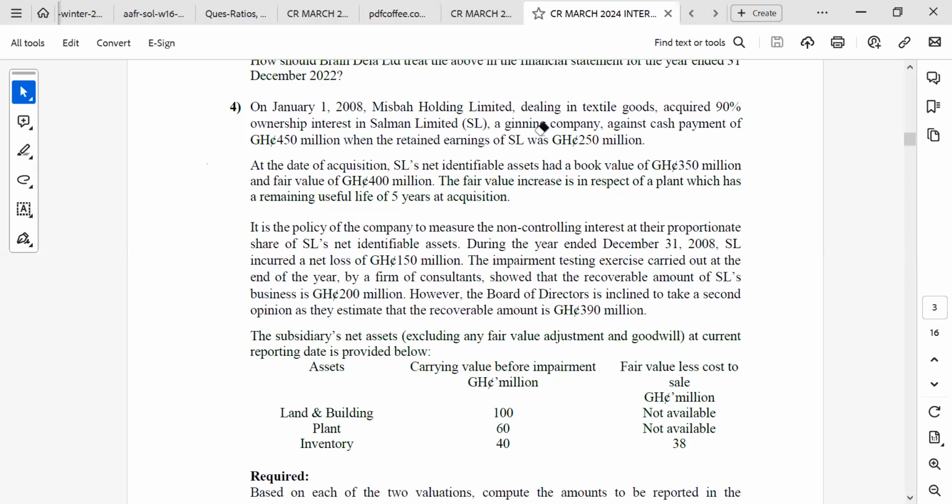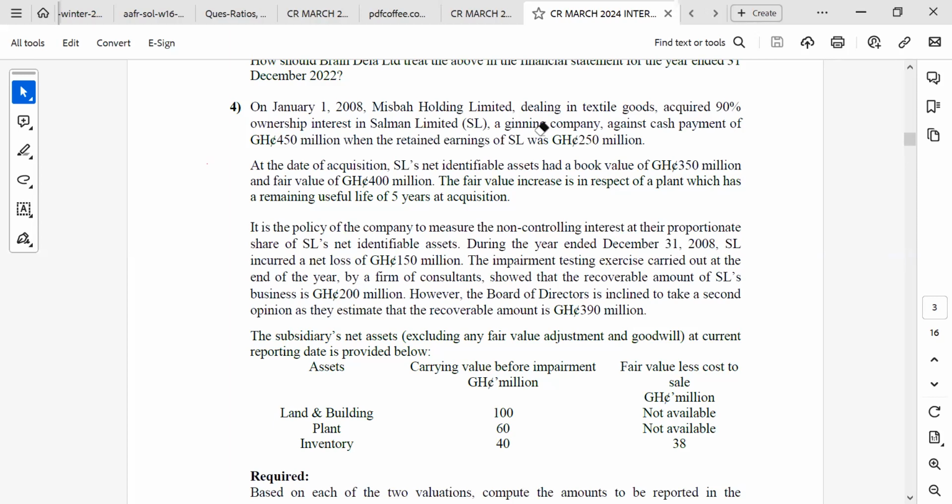At the date of acquisition, SL's net identifiable asset had a book value of 350 million and fair value of 400 million. The fair value increase is in respect of a plant which has a remaining useful life of 5 years at acquisition. It is the policy of the company to measure non-controlling interest at their proportionate share of SL's net identifiable asset. During the year ended 31 December 2008, SL incurred a net loss of 150 million.